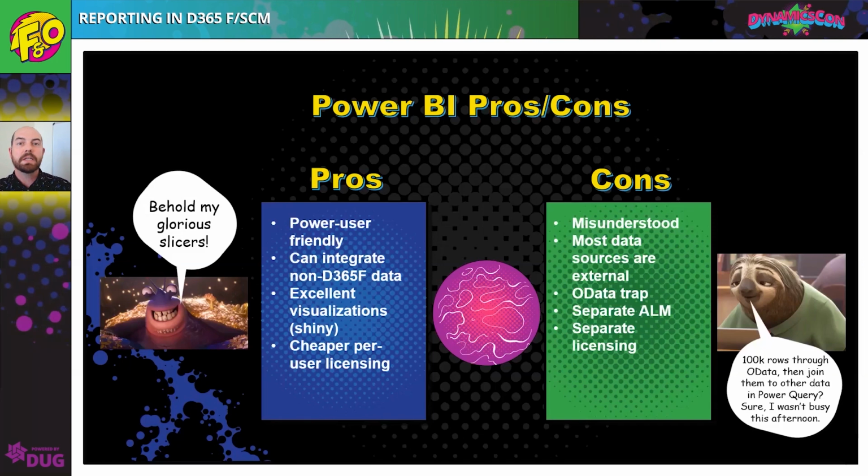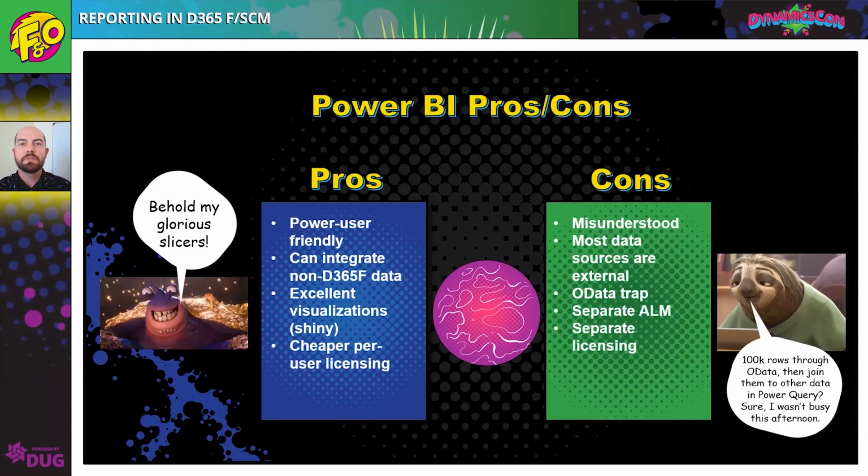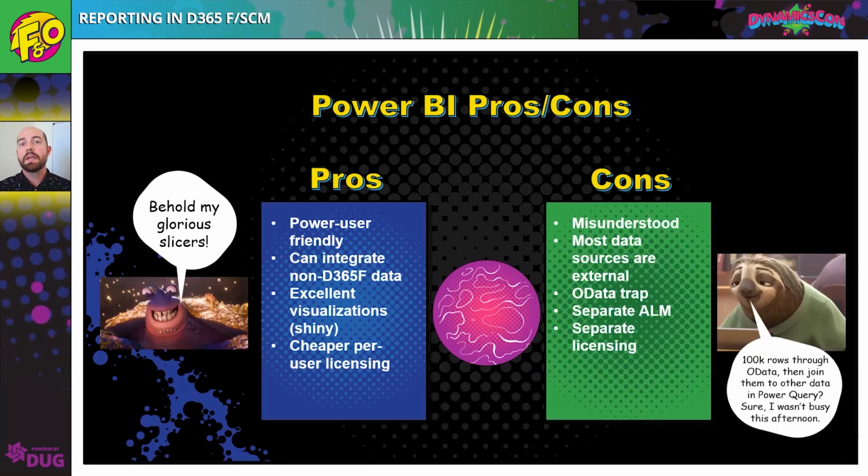And that gets into my next bullet, the OData trap, which is that if I'm externally reporting on F&O data in Power BI, a lot of report designers will default to using the OData endpoints in F&O, which are notorious for slowing down when you start getting into massive data sets, which oftentimes is what we want to report on in Power BI.